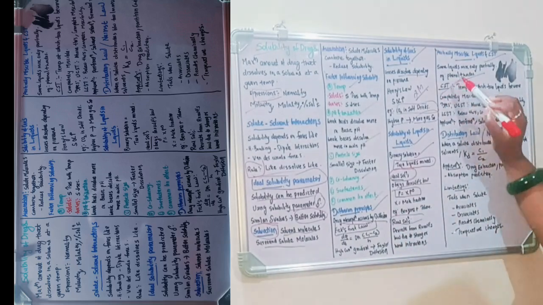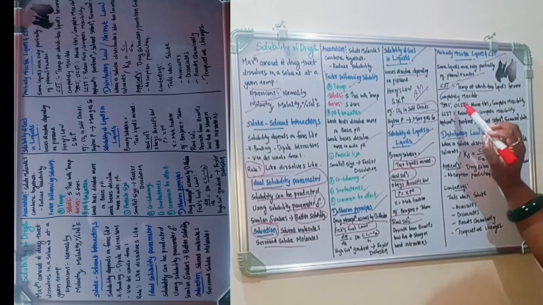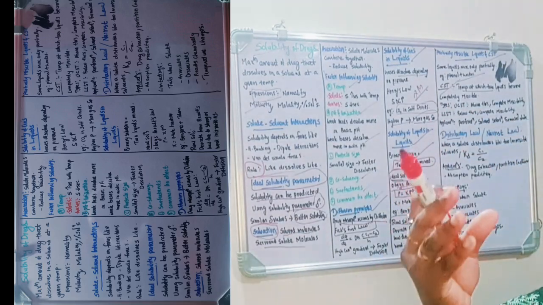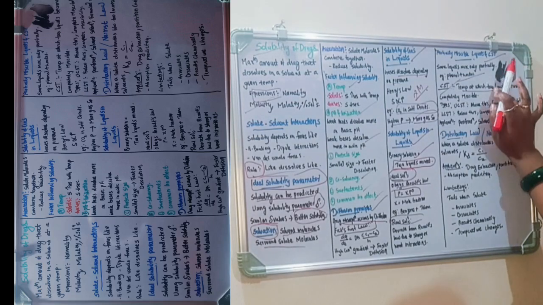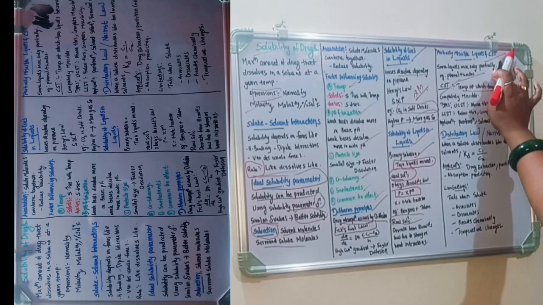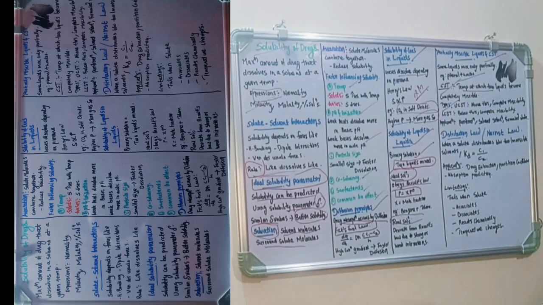CST is the temperature at which two liquids become completely miscible. The temperature at which partially miscible liquids become completely miscible is called the critical solution temperature or consolute temperature. We have two types.